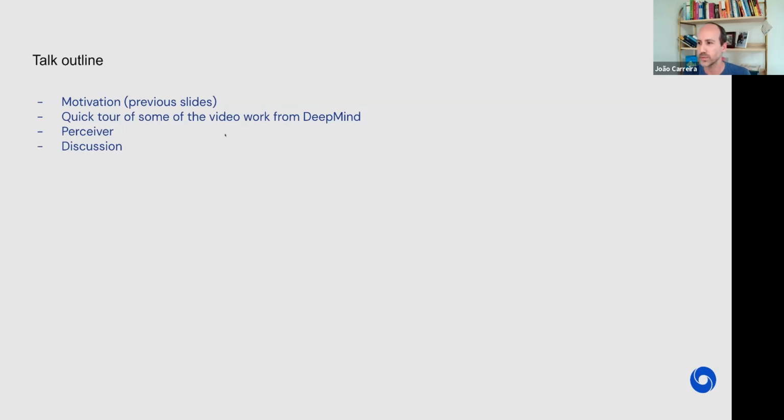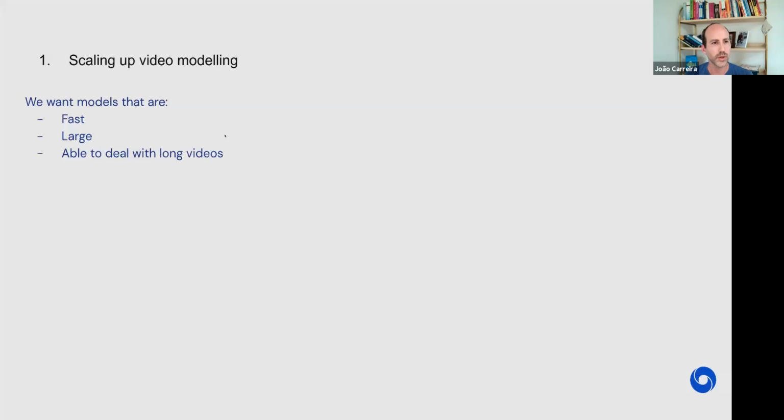All right, so I'll just continue with a quick tour. We have one branch of our research on video models, which is about building models that are fast, that are large, and that are able to deal with long videos. This is a big challenge in video because if you want to do that task with a TV show that has 2 seasons of 10 episodes, that's hours and hours of video, and the model needs to learn throughout the series to understand the characters and so on.